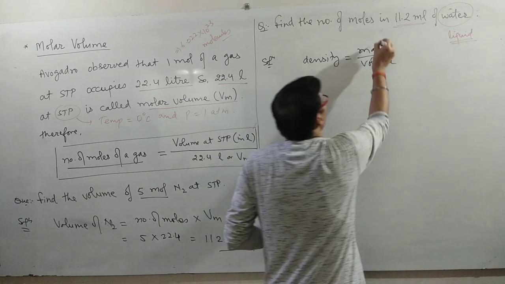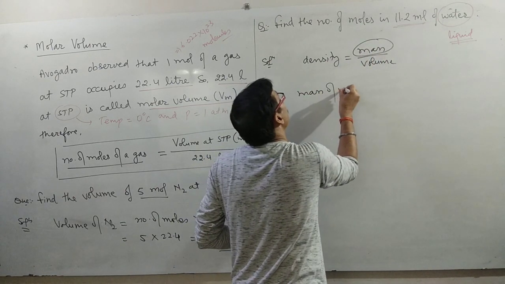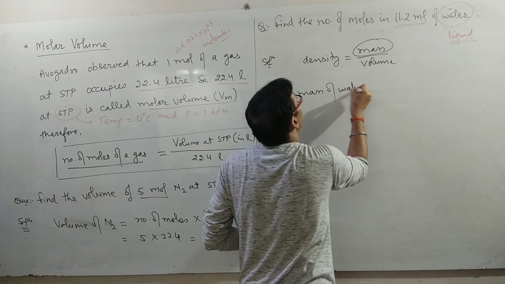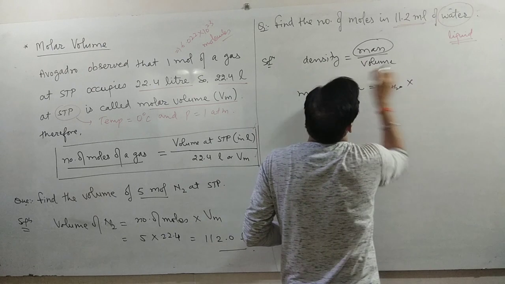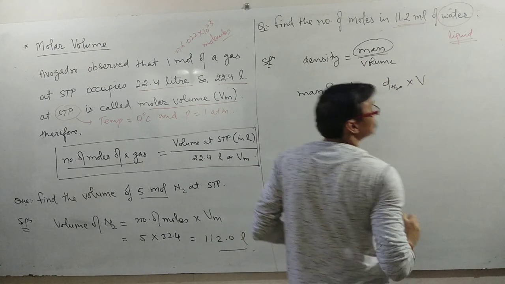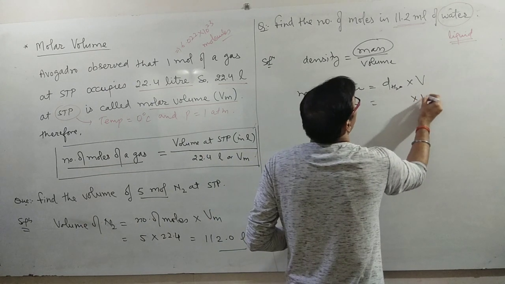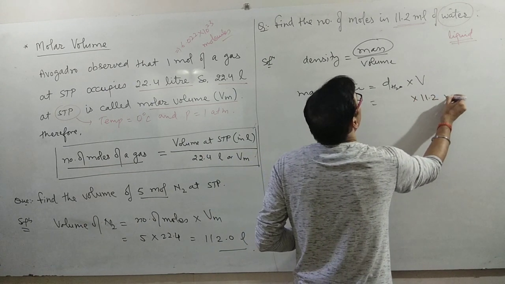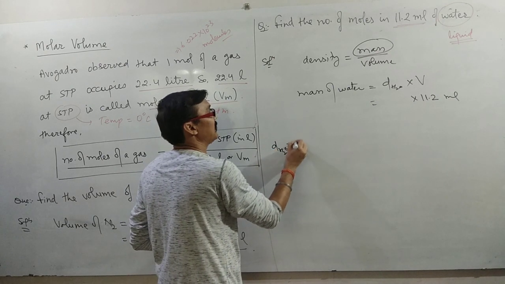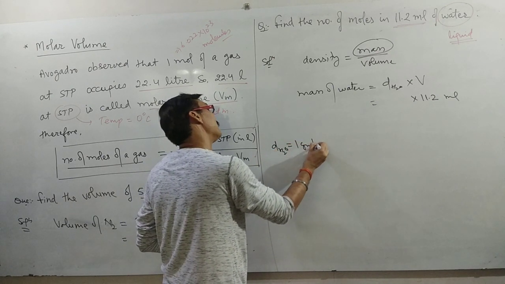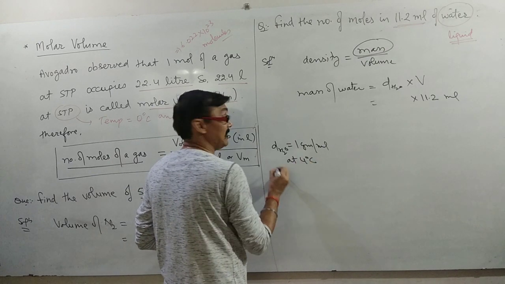That is why the mass of water is equal to the density of water multiplied by volume. Volume is 11.2 ml and the density of water is 1 gram per ml at 4 degrees centigrade.